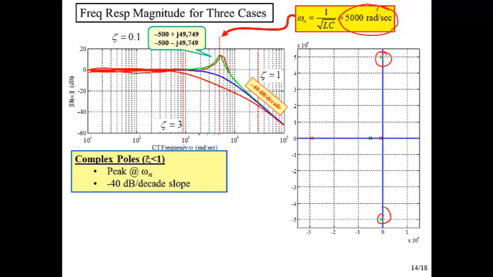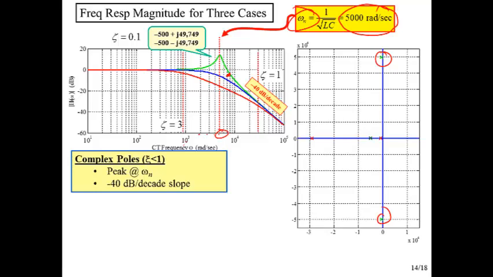It peaks up, but then it drops back down, and we see that the peak occurs pretty close to omega sub n. And we see that our cutoff frequency is somewhere out here, which is just a little bit above omega sub n.